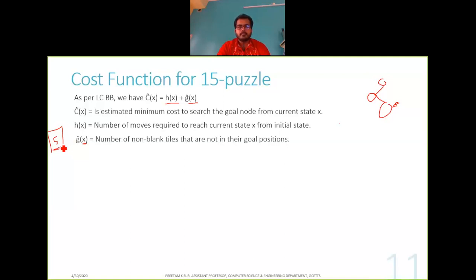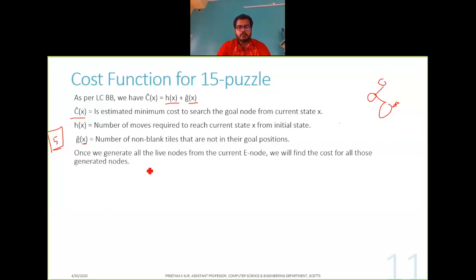So this c cap x gives you the lower bound, not the upper bound, of how many moves are at least required from this state to reach the answer state. And for this 15 puzzle problem, we take the number of misplaced non-blank tiles as our estimated cost value.